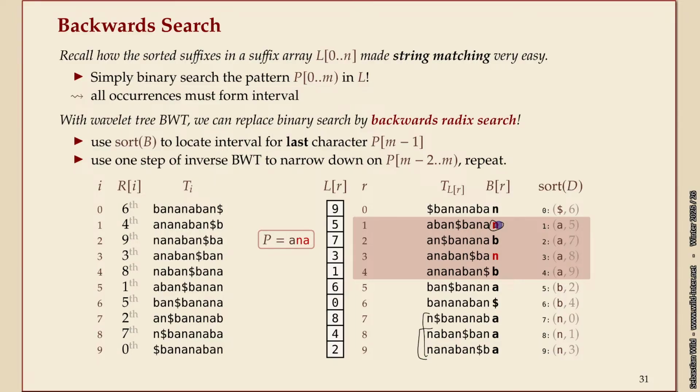What I do is, this is the second N in the BWT. It has to map to the second N in the sorted order. And same for this guy, this maps to the last N. So I know I can move my range, if I look at NA as the pattern, from these 4 things to these 2 positions. And that's a range that contains everything that starts with NA.